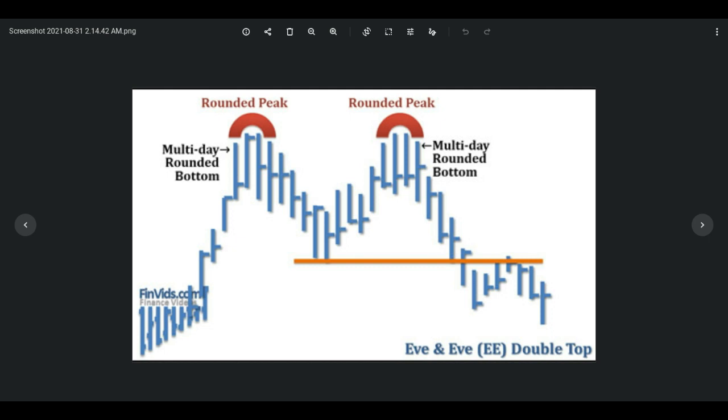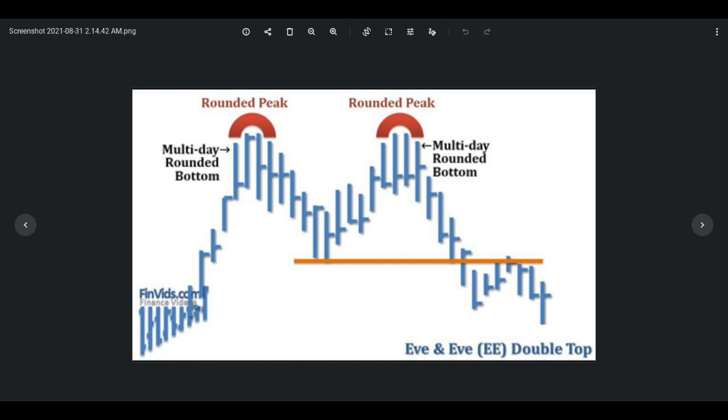Breakout confirmation. A close below the lower trend line drawn horizontally across the intervening low between the highs, right here, with above average volume.